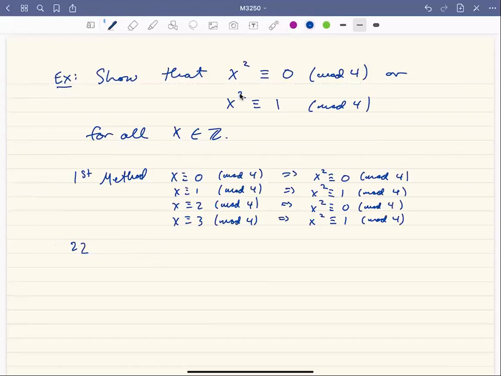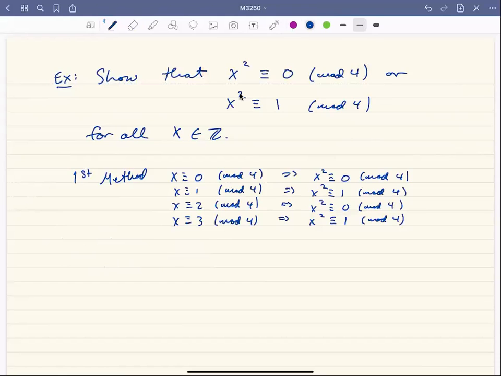Well, you could subtract 4 to get 18, subtract 4 again, and again, and again, and end up with 6, and then 2. The point is that 22 is congruent to all of these numbers, but it will be congruent to 2 mod 4. So you can always successively subtract 4 as much as you want. This is because two integers are congruent mod 4 if they differ by a multiple of 4. So when you subtract or add multiples of 4, you're not changing its equivalence class.